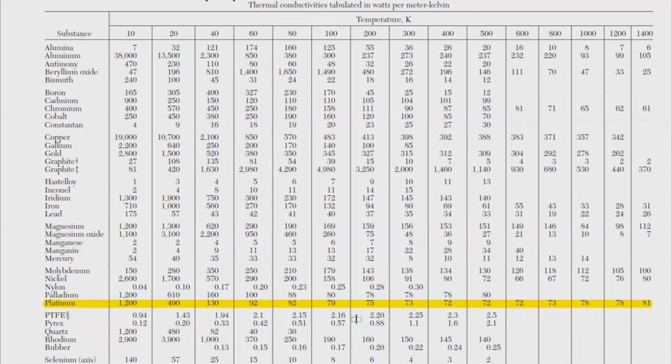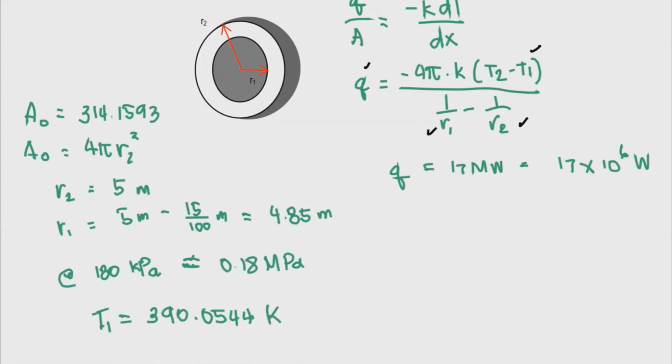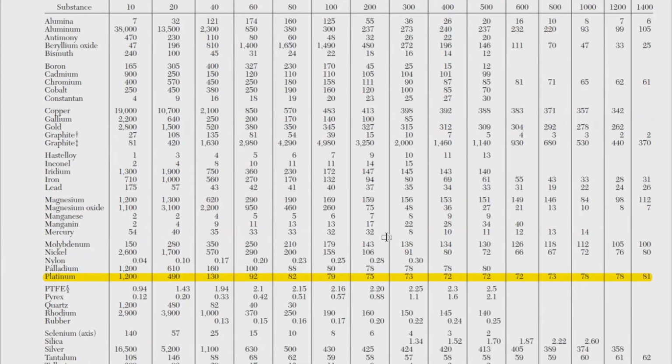That is true, it is close. But we need to make sure our assumption for that is correct, no? And the best assumption we can make is that if this is the surrounding or outside surface, we always assume it is in the surroundings, exposed to the environment. So, what do you think is the temperature outside? Usually about 25, 28, 29.